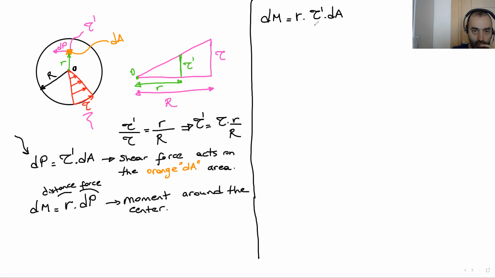Now, on this equation, instead of tau prime, we can write this equation. Let's write it. r times tau prime is tau times small r over capital R times dA.